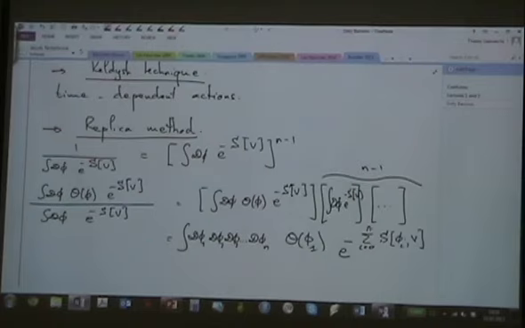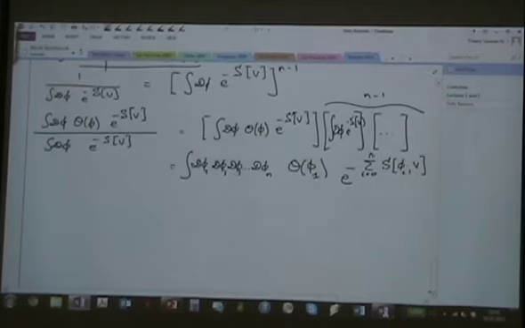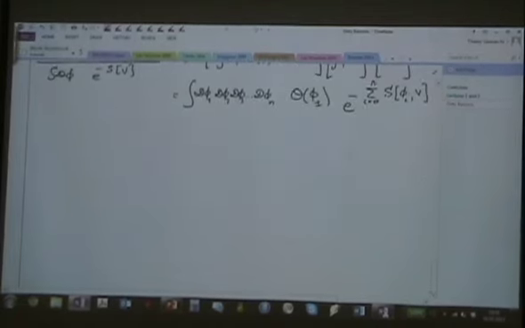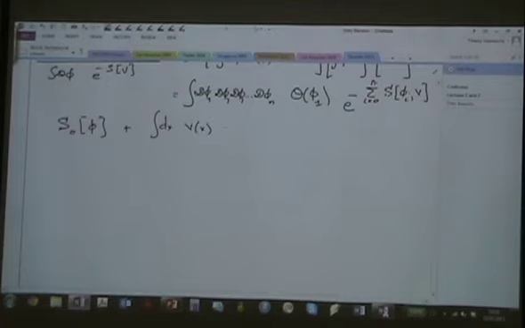And now I can do the average. Okay? So let me do explicitly the average for you. So for example, if I say that my action is S0 of the field φ plus the integral dx of V of x ρ of x. So ρ is a function of the density of field φ. It doesn't matter what it is. What do I have? I have to do the integral over dV exponential of minus V squared.